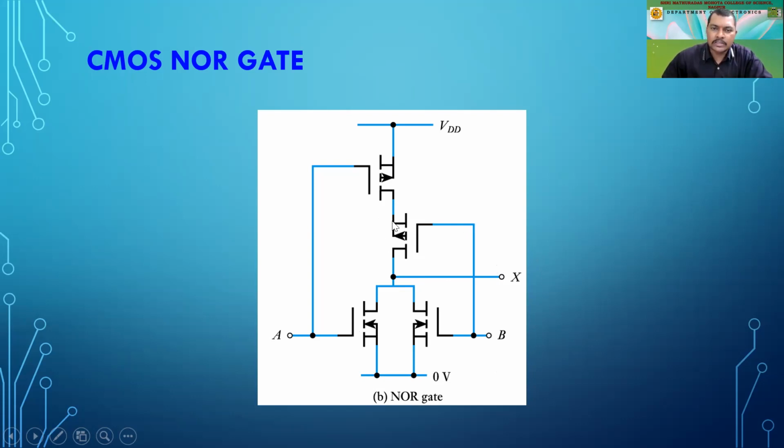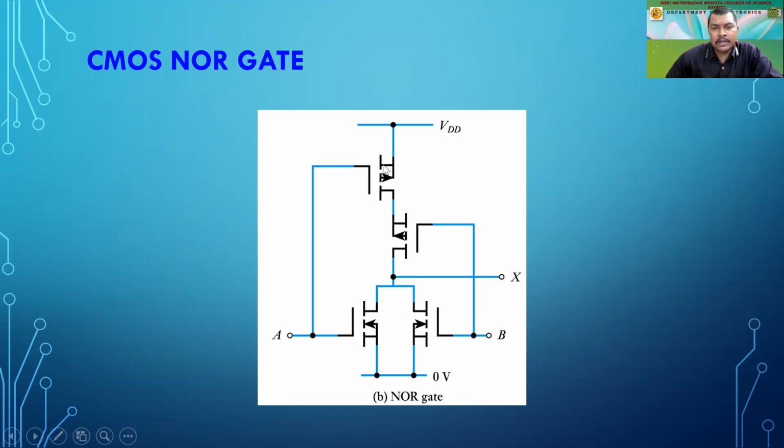So these two transistors will be in series, and they are going to conduct when we apply 0 0. Now the second condition, when we go high, so when one of the inputs is high, one of the transistors from the parallel combination will become on, and it will be connected to the ground.